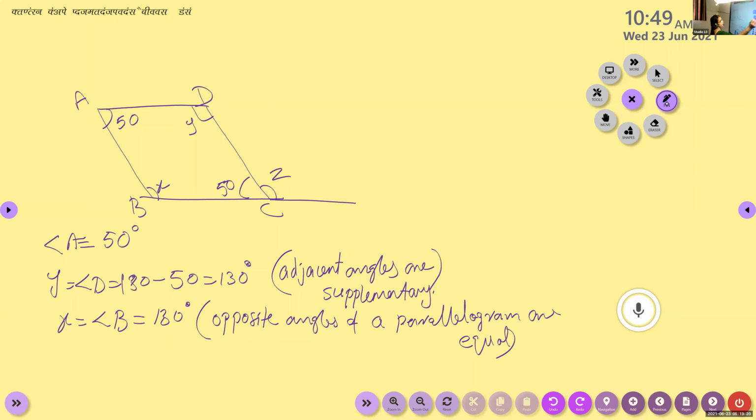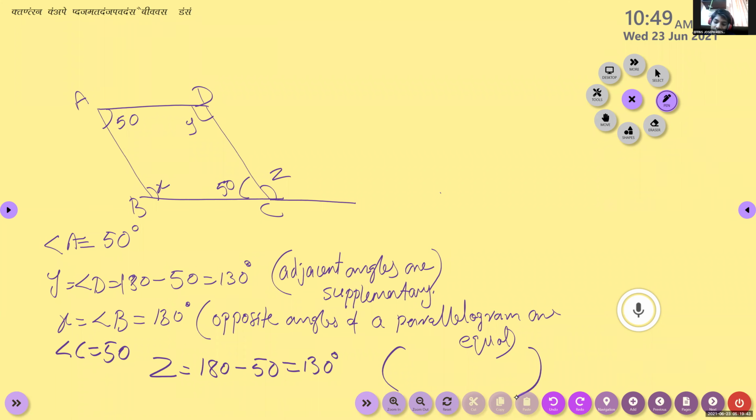Finally, z. Angle C equals 50, so z equals 180 minus 50, 130. What is the reason?